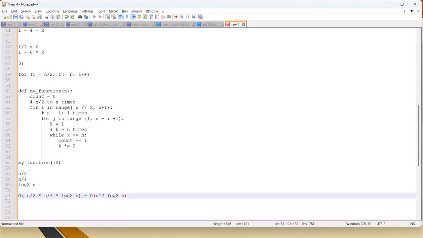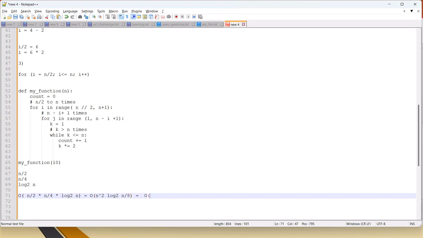Here 2 is the base, which we saw yesterday as well, how to calculate that base 2. Then in the down part we can see 4 into 2, correct: here 2 is there, here 4 is there, it will become 8. 4 into 2 equals 8. So now it became order of n square log 2 n by 8.